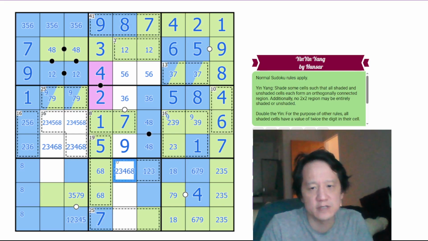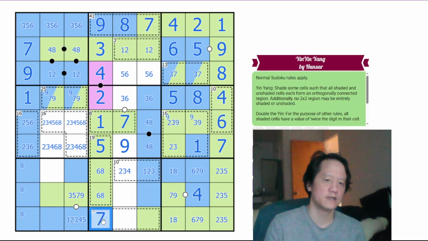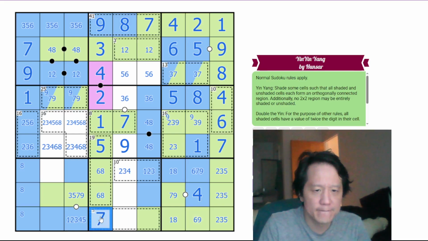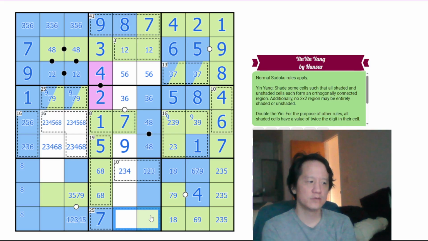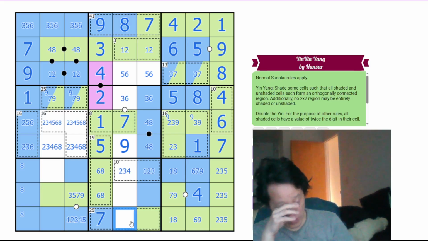This can't be 6 or 8 here. This is 7 doubled, so it's 14. That also eliminates 7 here. That means these two values sum to 11. 25 minus 14 is 11. But this could be doubled, so we don't know what these values are.